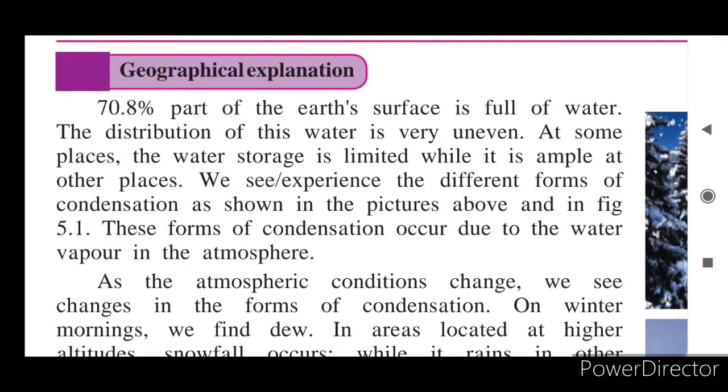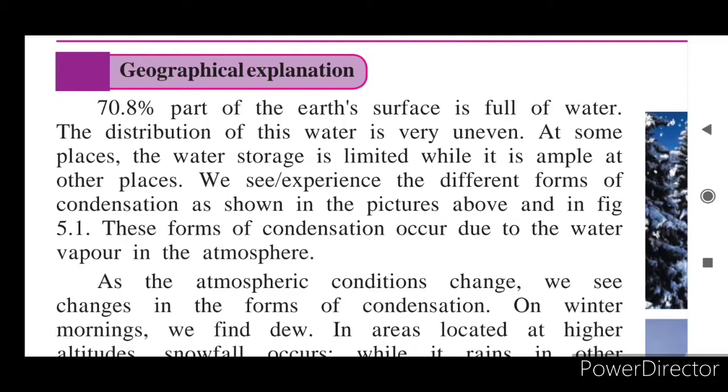So here it is said that 70.8 percent of the total Earth's surface is covered with water, but that water is not distributed equally at every place on the Earth's surface. The distribution is uneven, meaning some places have ample storage of water and other places have very limited storage of water.